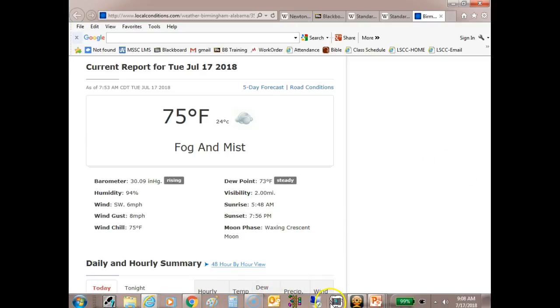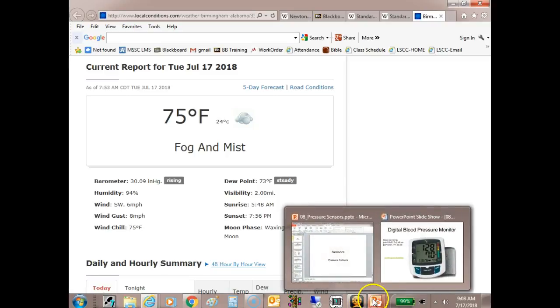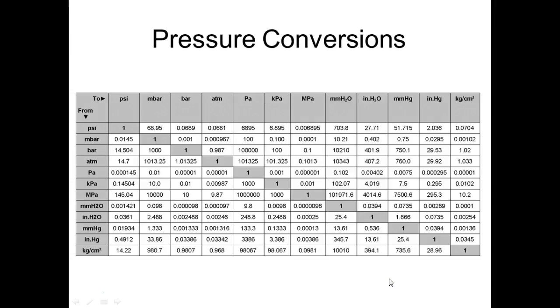So let's go back to our PowerPoints and look at our conversion factor. I'm going to go from 30.09 inches of mercury over to PSI. I take the 30.09 and multiply by 0.0193, and it's 0.49.